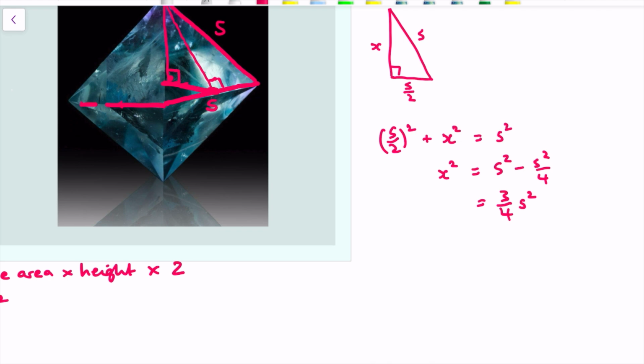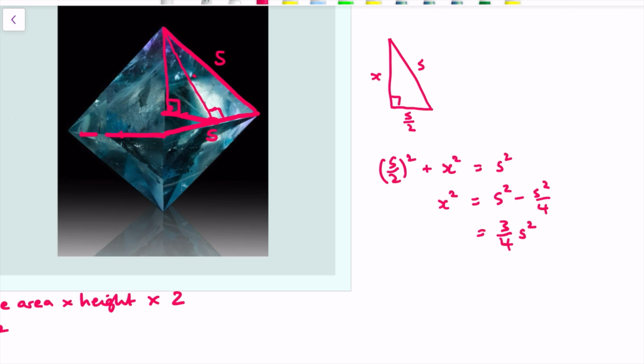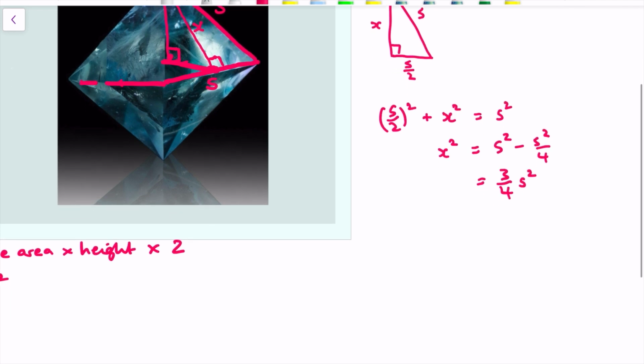So our diagonal there, we could find x, but it turns out we need x squared, is found. And then we've got that standing up triangle inside, where that's the height of the pyramid. And then that is also s over 2, because it goes from one side into the middle. And then that one there was x.